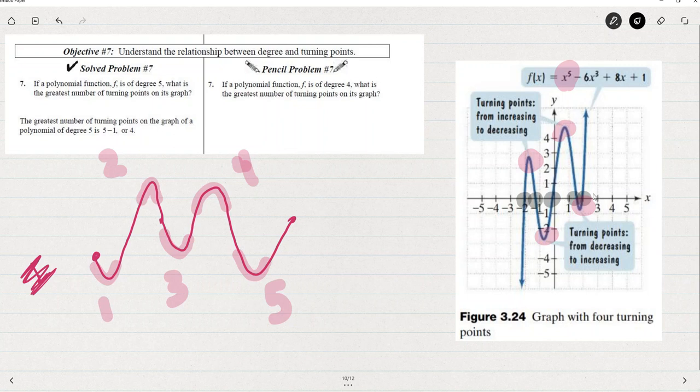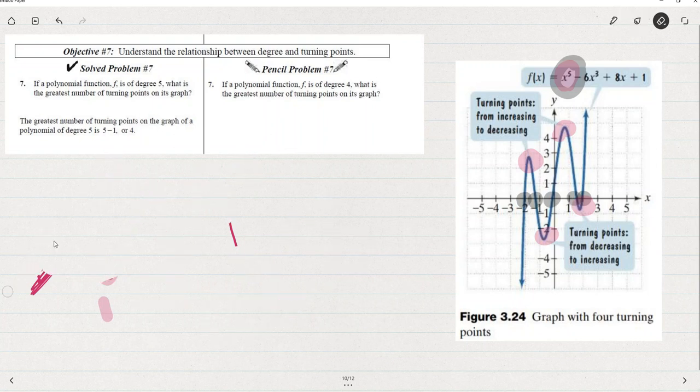So it's always 1 less than the number of zeros. Let me try to put this all together for you. The degree of the polynomial, in this case degree 5, will tell us that there are at most 5 zeros. Now, why do I say at most? We're not guaranteed that there's 5.